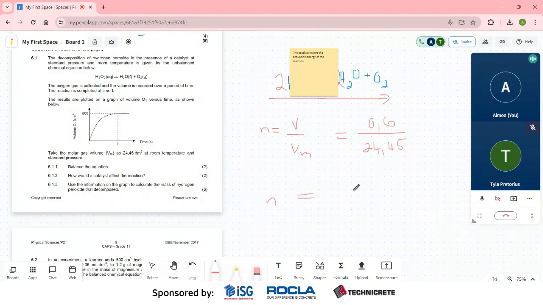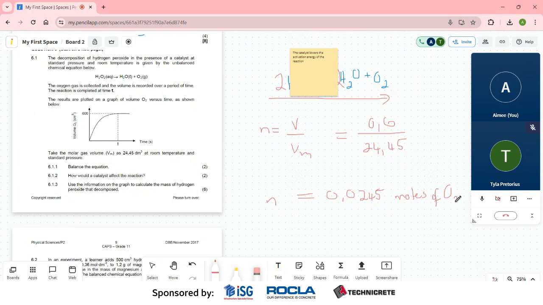And that gives us a number of moles equal to 0.0245 moles of O2.